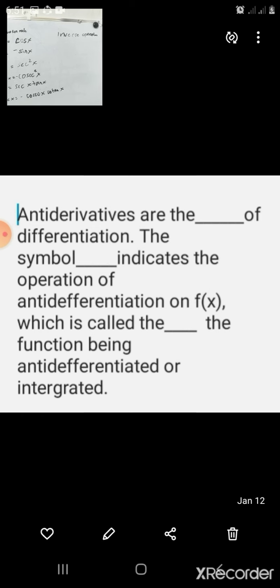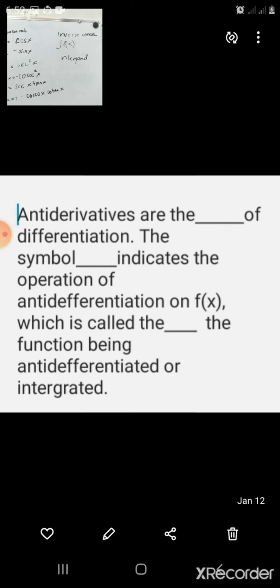The integral symbol indicates the operation of anti-differentiation of f(x). What is f(x) called? The integrand. The integrand is the function being anti-differentiated or integrated.